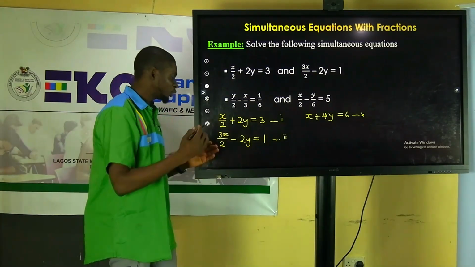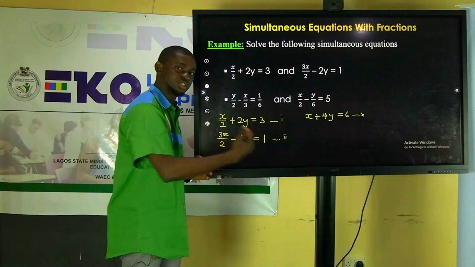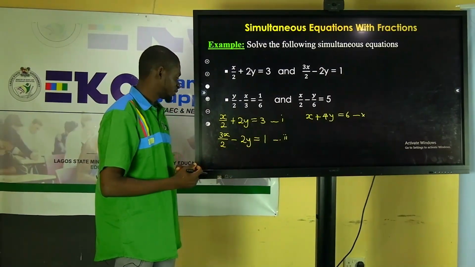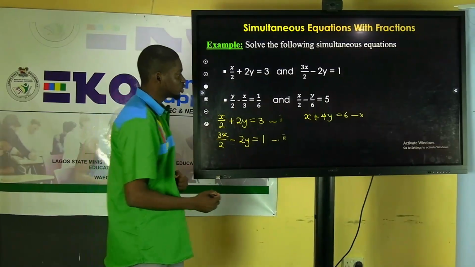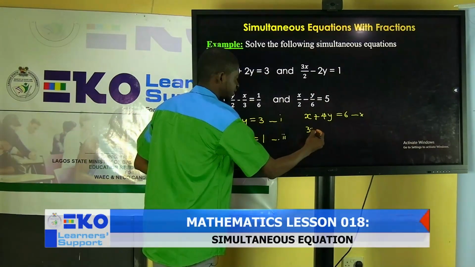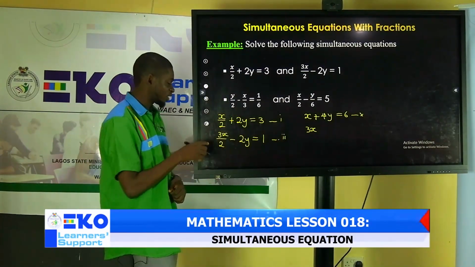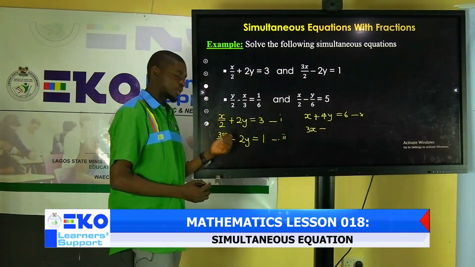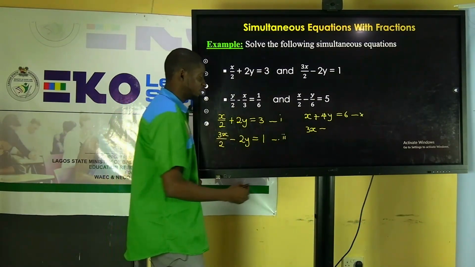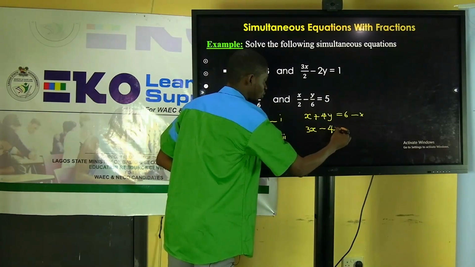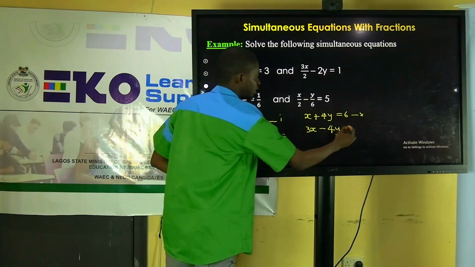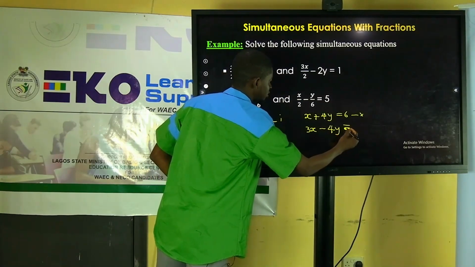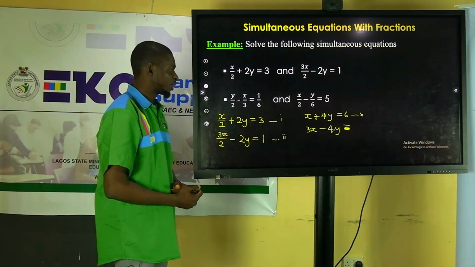Why I'm doing this is I want you also to be part of this so that it is not me alone writing everything. So you multiply this by 2, you have only 3x because the 2 you are using to multiply will have cancelled out the base. Minus, you multiply this by 2, it gives you 4y equals. So let's multiply this one by 2 again. It gives us 2.